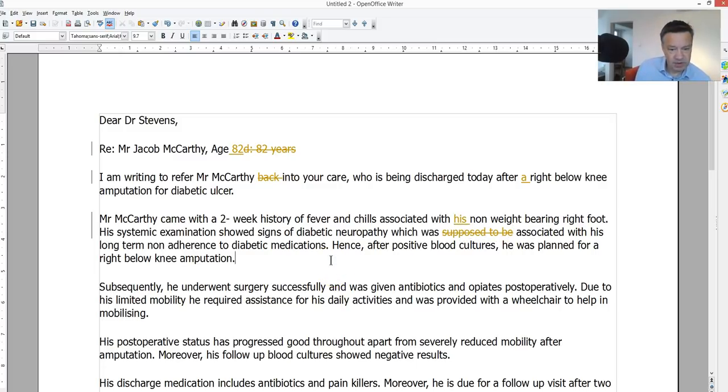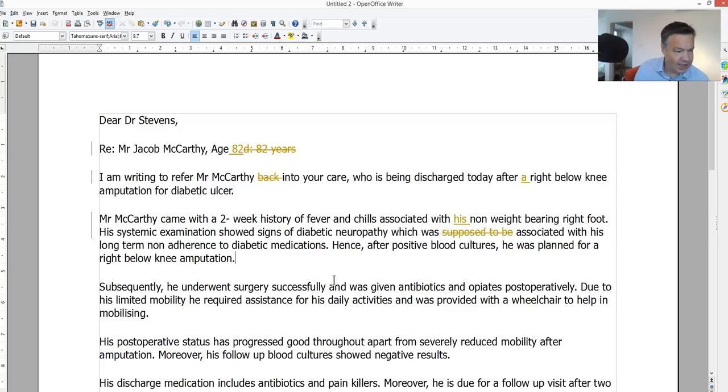Hence, after positive blood cultures, he was planned. I don't know if you can use he was planned in passive. He was planned, or he was scheduled, or a right below knee amputation was planned.